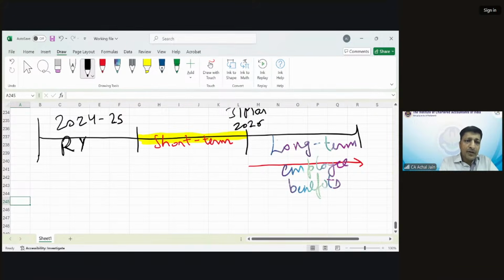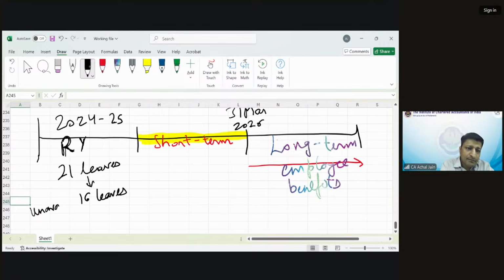The company has a policy that the employee will get 21 days of leaves, and out of 21, 16 are unavailed.